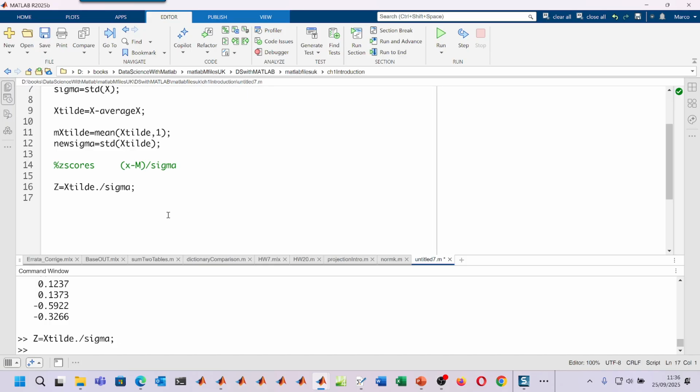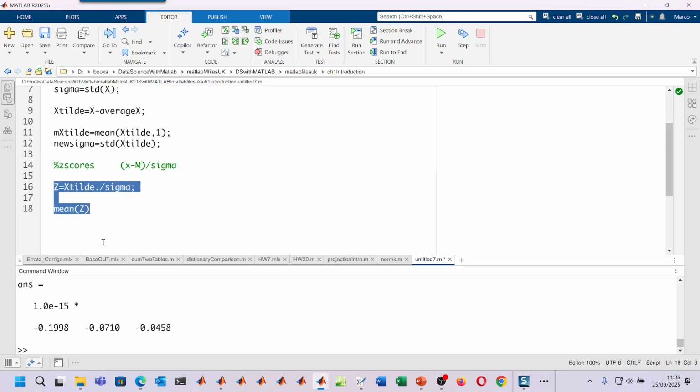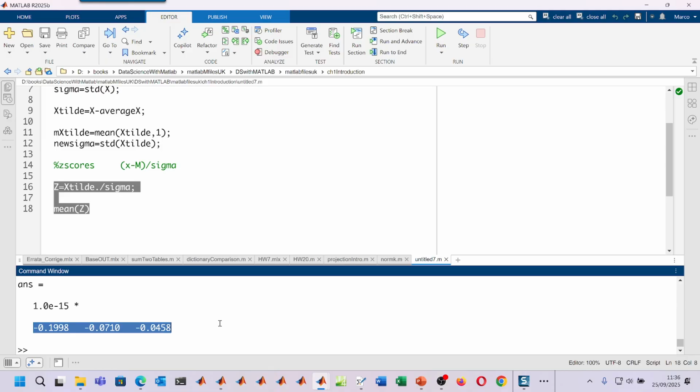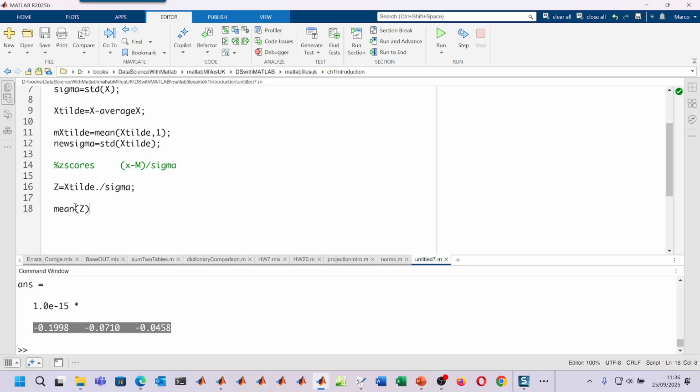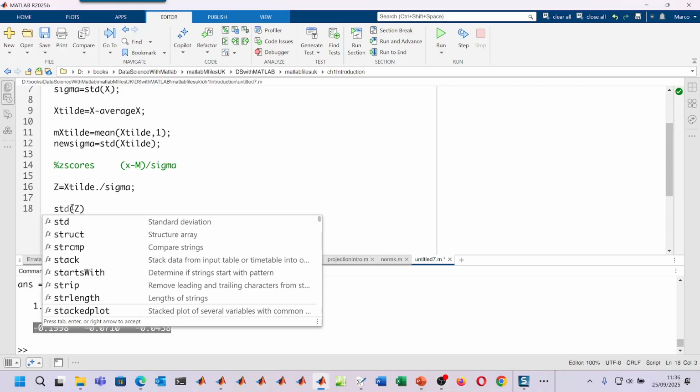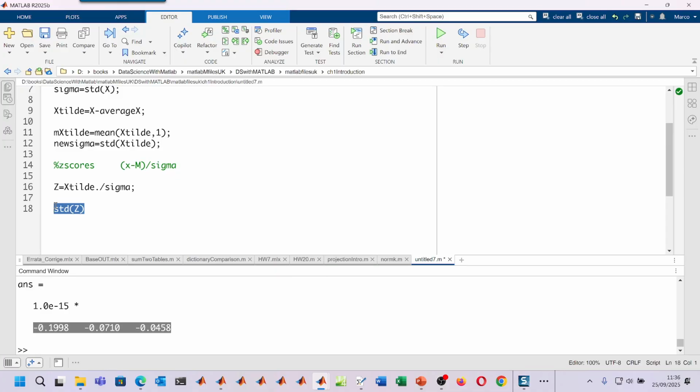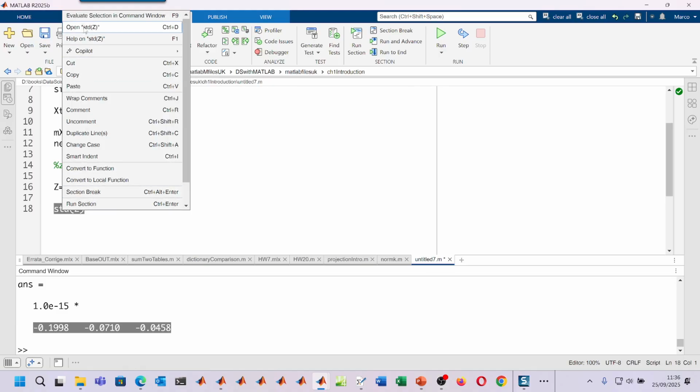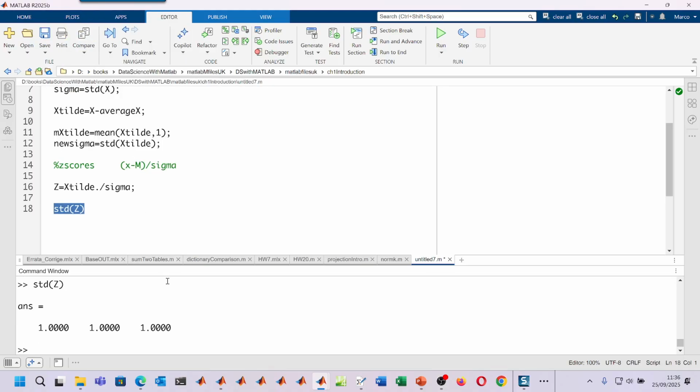Now, the mean of Z is what? I have this matrix. 0, 0, 0. Let us check it. Yes, 0, 0, 0. Now, the vector of the standard deviation of Z. This time, the vector of standard deviation will be 1.